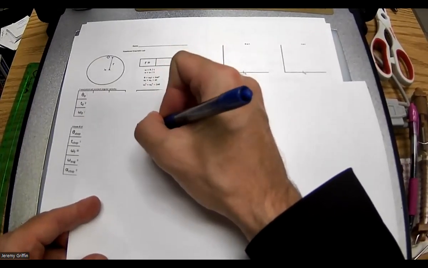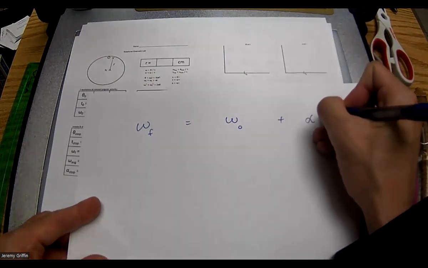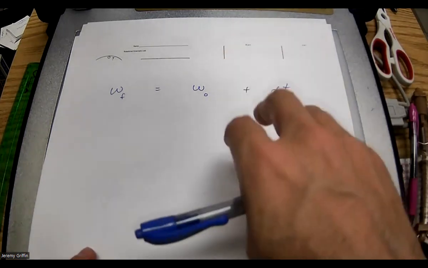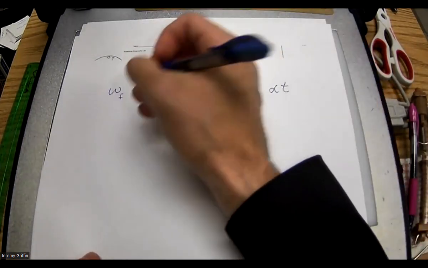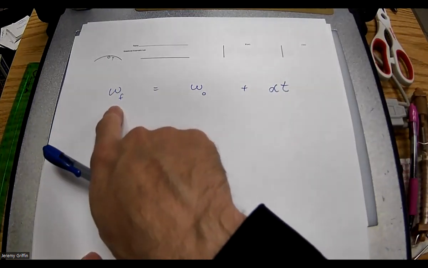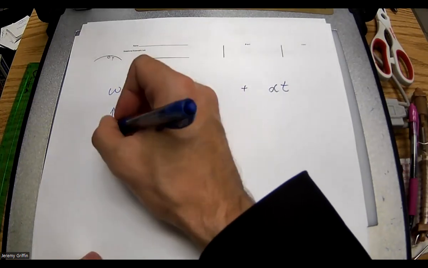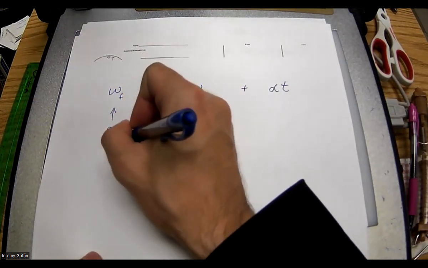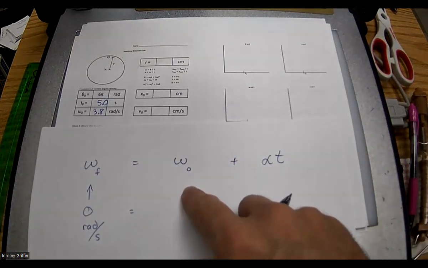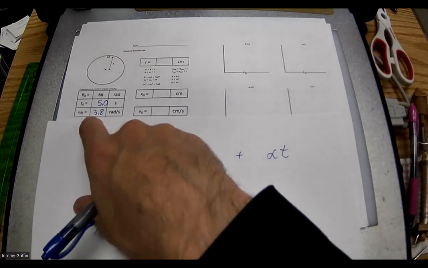What if I do omega final equals omega initial plus alpha times t, for example? This looks like VF equals V naught plus AT from way back in the day. If it slows to a stop, what's this number? Slows to a stop. Yeah, 0. 0 radians per second. And how fast was this thing rotating before I took my hand off? 3.8 radians per second.